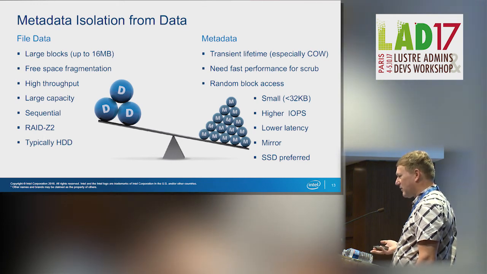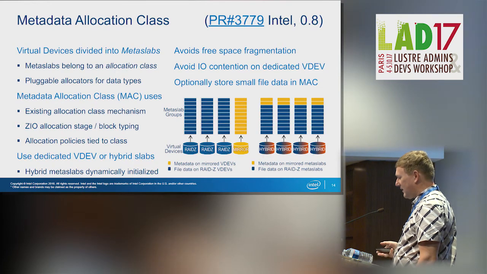You want mirroring for the small ones. You need RAID Z for the big ones. And so metadata allocation class is the implementation of separating ZFS metadata.